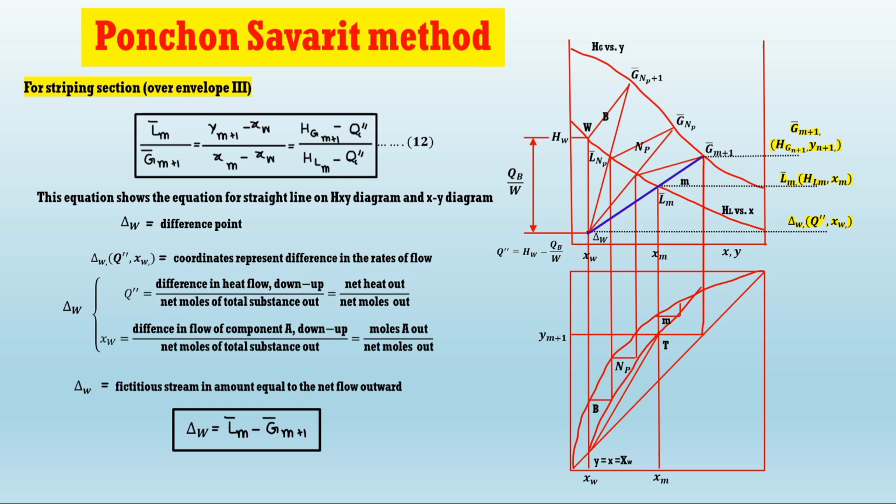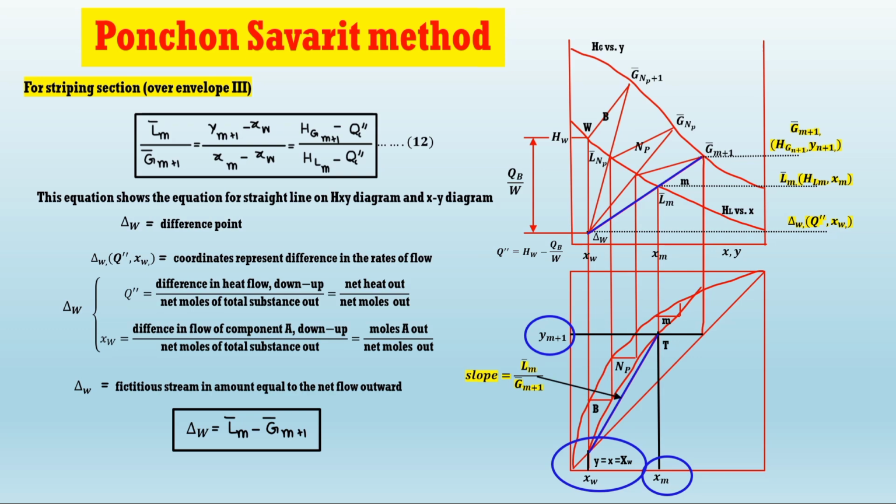Similarly, equation 12 also shows a straight line on XY or composition diagram, which is passing through the points Ym+1, Xm, and Y equal to XW, having slope L'm divided by G'm+1.